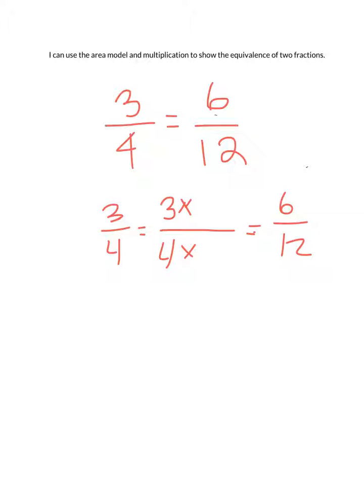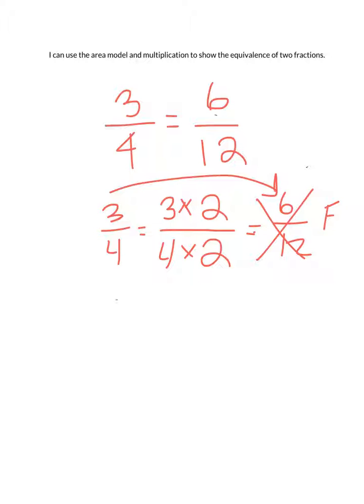In order to get from 3 to 6, I know I have to multiply my numerator times 2. That does give me 6. But the rule says whatever I do to the numerator, I've got to do to the denominator. And so if I multiply 4 times 2, I get 8, not 12. So using multiplication, I'm able to see that this number sentence is false.